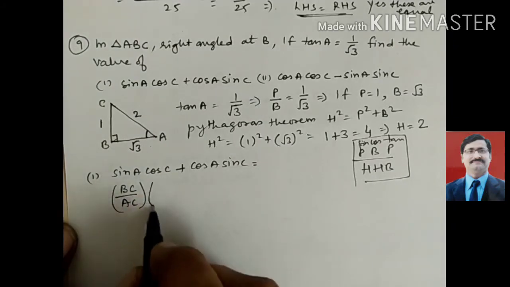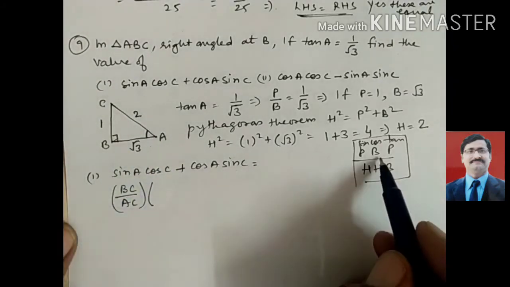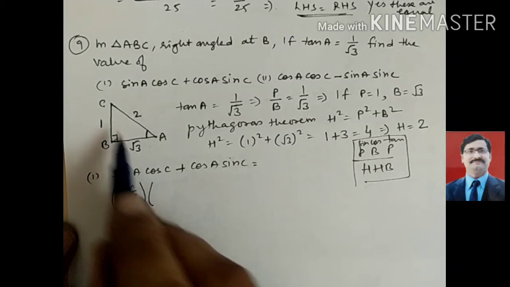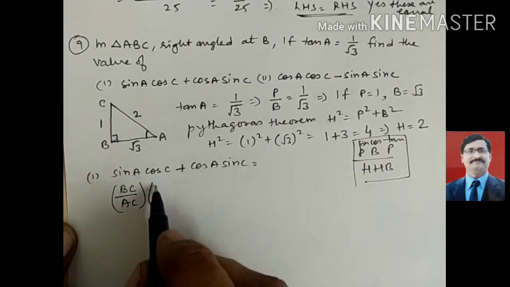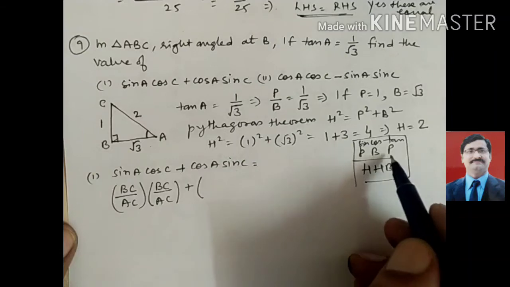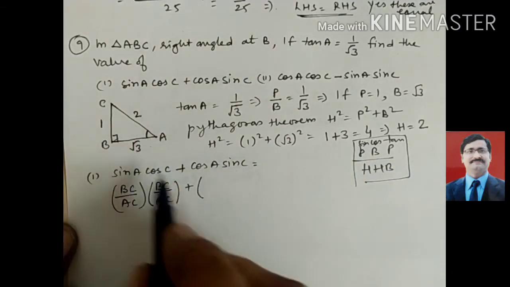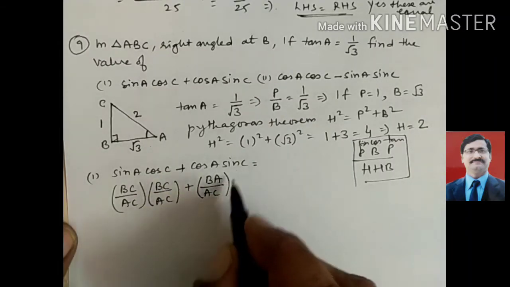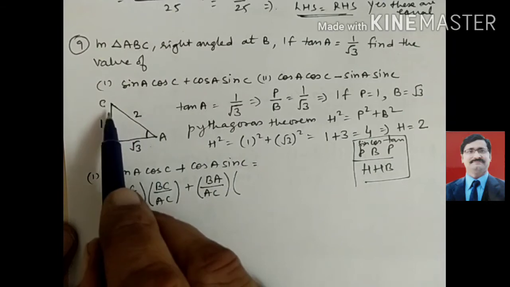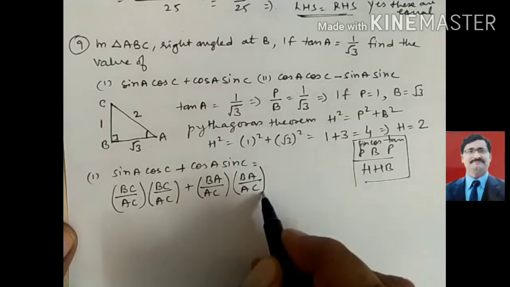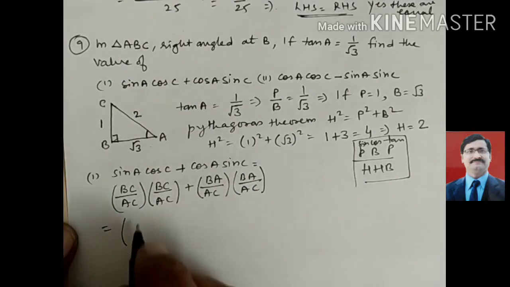For angle C we need cos, which means base upon hypotenuse. For angle C the base is BC and hypotenuse is AC. Again for angle A, the base is BA and hypotenuse is AC, and for angle C the perpendicular is BA and hypotenuse AC. You put in all these values. BC is what?